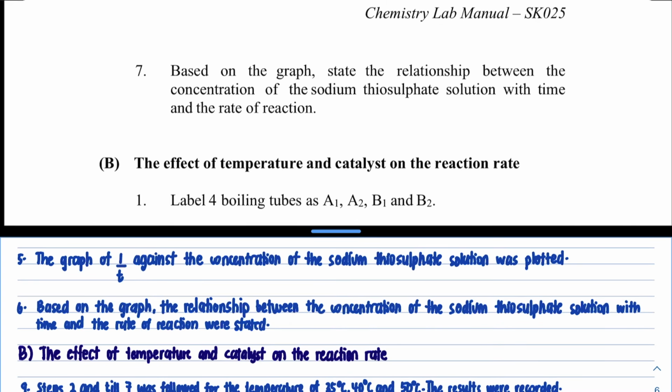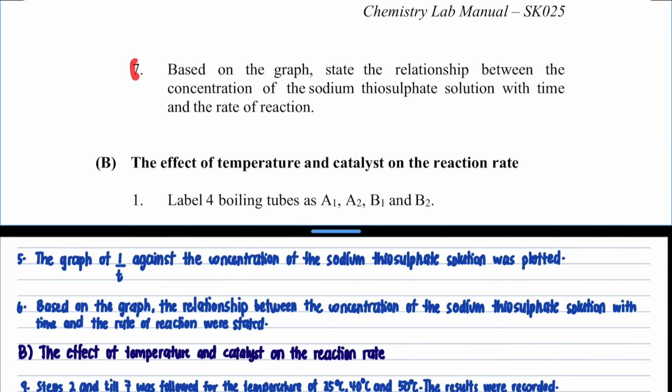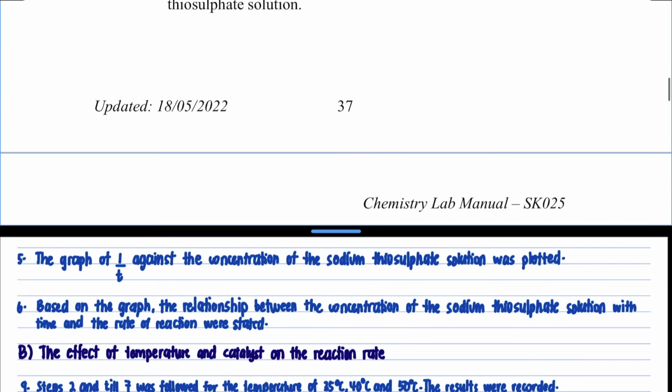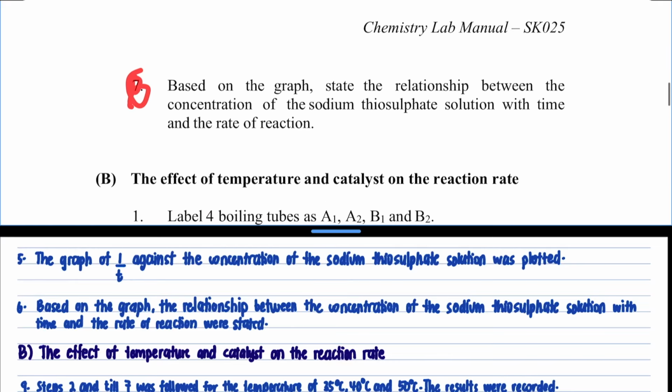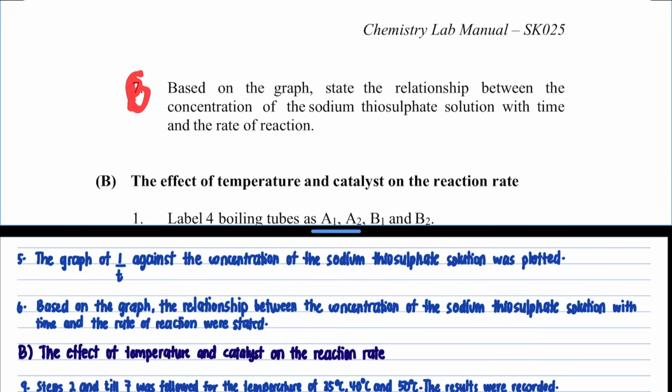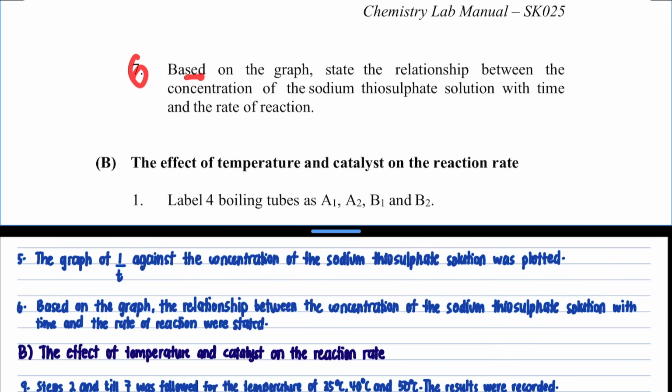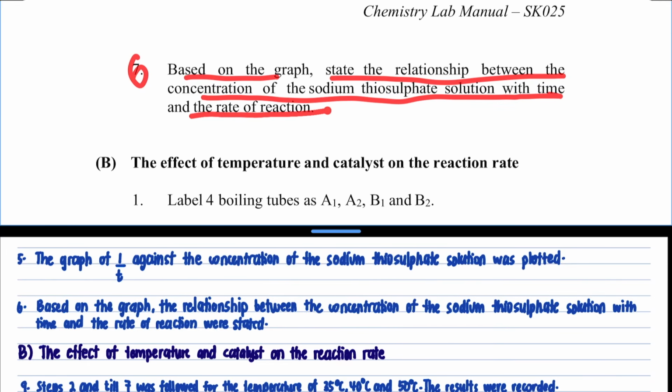So for step number 6 here, make sure you change it. This is actually number 6, because the previous one is number 5. Based on the graph, state the relationship between the concentration of the sodium thiosulfate with time and the rate of reaction.